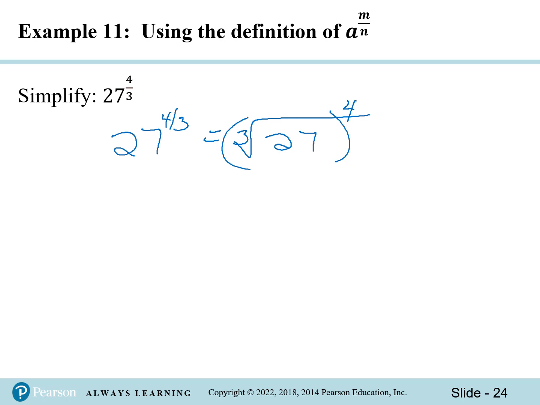If you put it on the inside, you would have to take the power first, which would do 27 to the 4th power, which is a huge number, which you would then have to take the cube root of. It's easier to find the cube root first and then take that to the 4th power. So it's easier to do it with the index first and then the power.